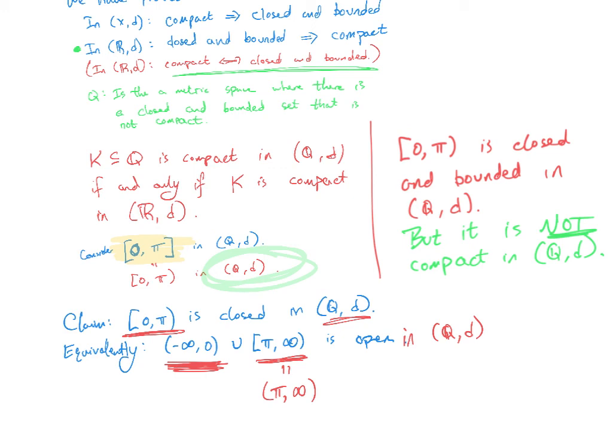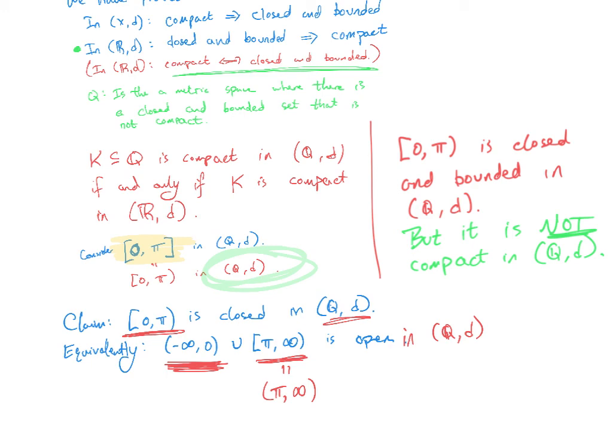So open and closed depends on the ambient space. So we had a set that wasn't closed in the reals become closed in the rationals. But it didn't become compact. So again, what we've shown is we found a metric space where compactness is not the same as closed and bounded.